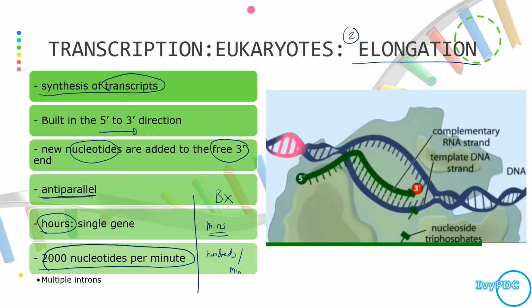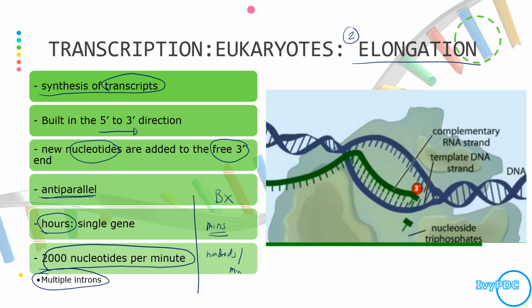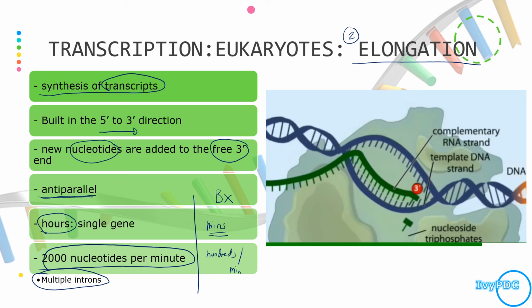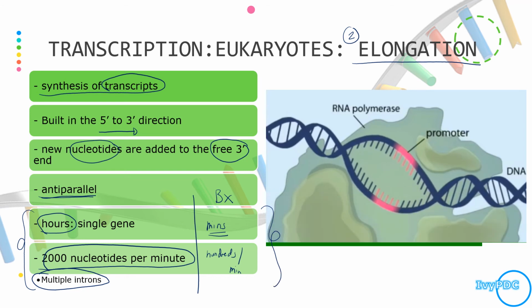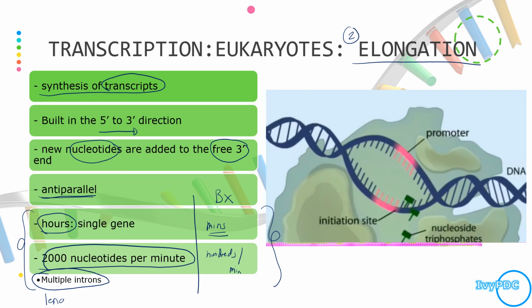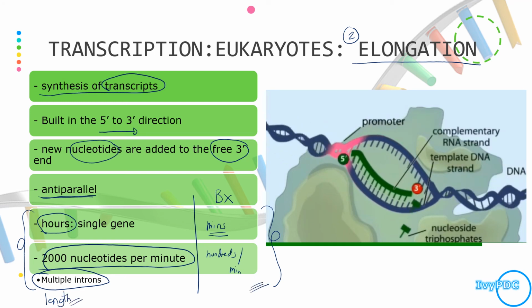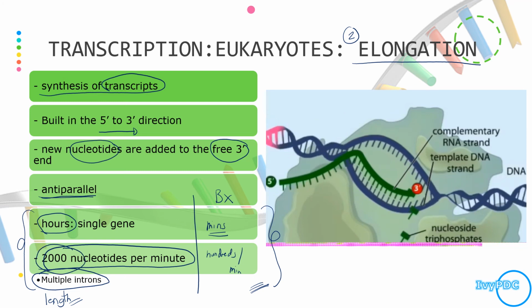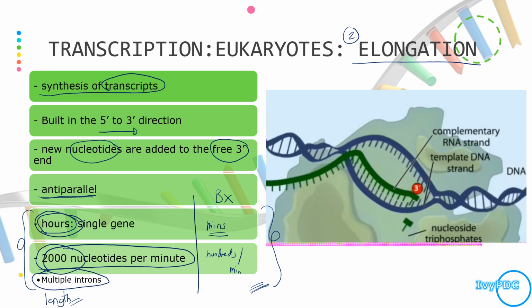Also, in eukaryotes, we have multiple introns that allow multiple transcription processes happening in a single DNA. This can show the length of the DNA for each organism. There is a much considerable length in a eukaryotic DNA compared to a bacterial DNA. That's why even though it can copy thousands of nucleotides per minute, it still takes hours for a single gene to be copied.